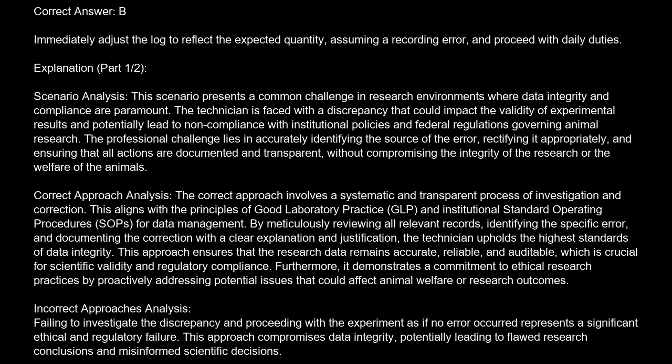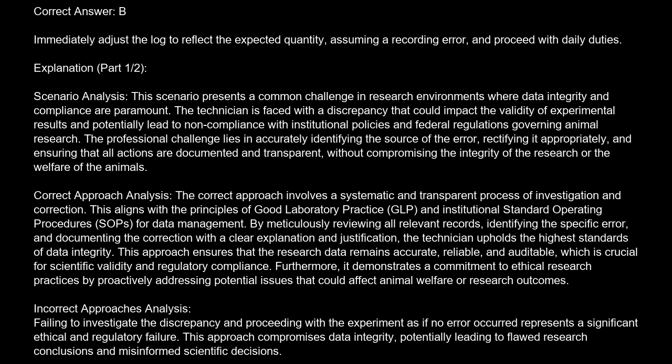The technician is faced with a discrepancy that could impact the validity of experimental results and potentially lead to noncompliance with institutional policies and federal regulations governing animal research. The professional challenge lies in accurately identifying the source of the error, rectifying it appropriately, and ensuring that all actions are documented and transparent, without compromising the integrity of the research or the welfare of the animals. Correct approach analysis.